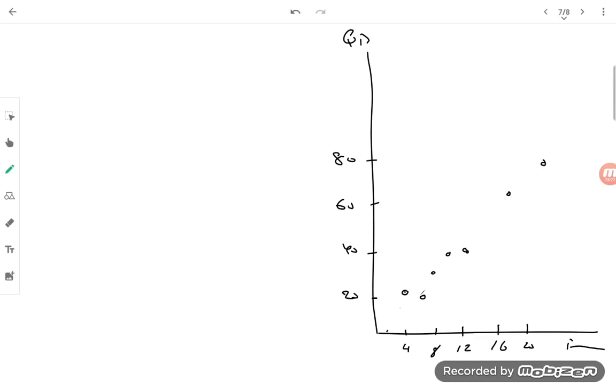Now we are going to plot the estimated one. The estimated data will be a straight line.